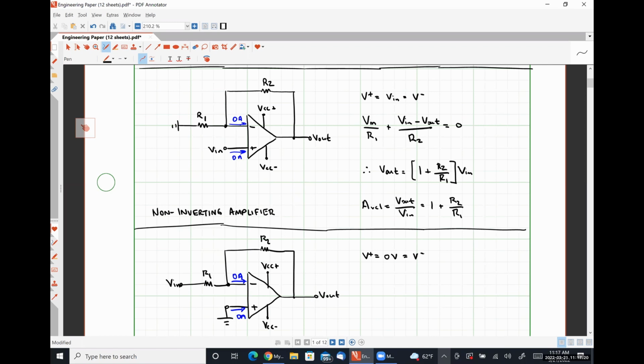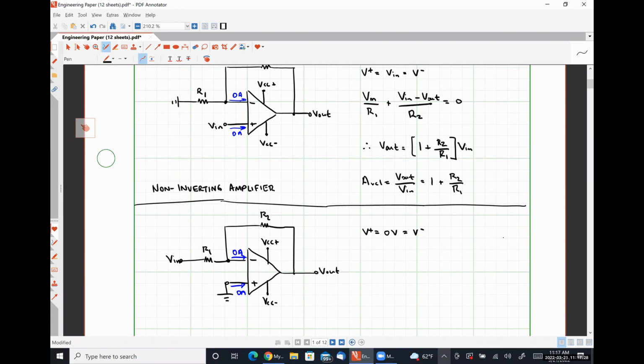If we apply Kirchhoff's current law at the inverting input terminal, we get 0 minus Vn, so negative Vn divided by R1, plus 0 minus V out, or negative V out divided by R2, is equal to 0.